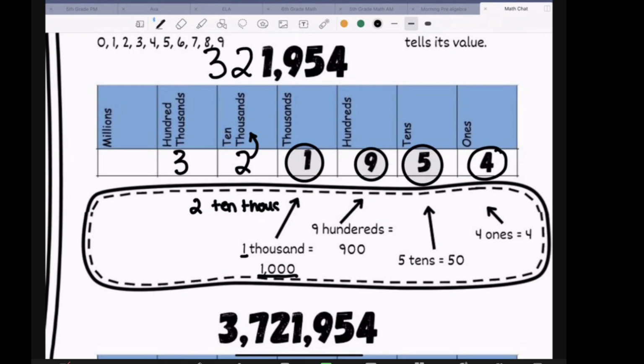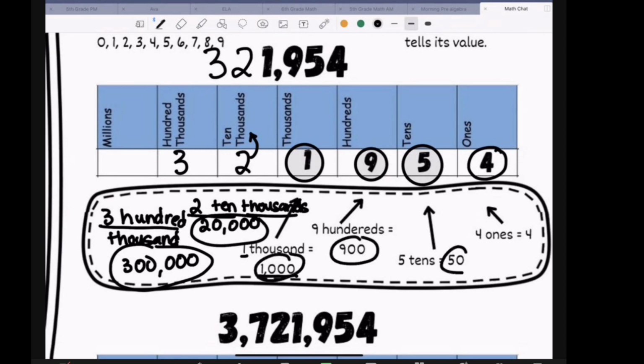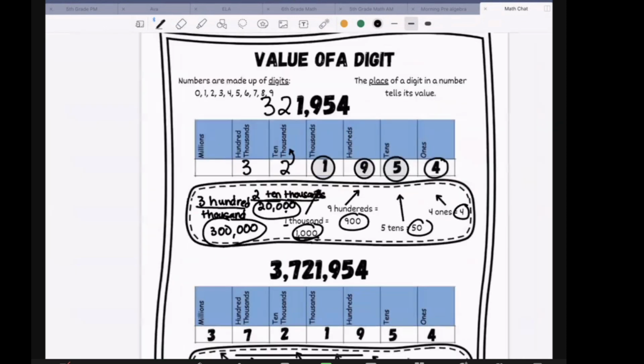And really what you're doing is multiplying. 2 times 10,000 equals 20,000. The 3 is worth 300,000. So 300,000, 20,000, 1,954. Now let's go down here to the million.